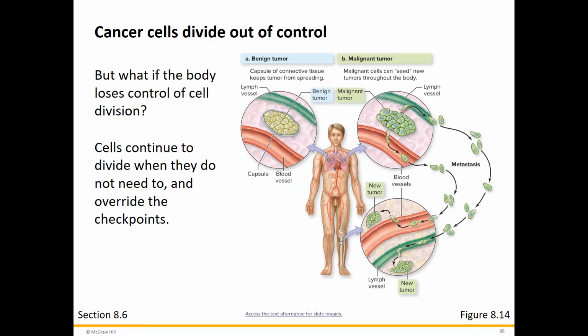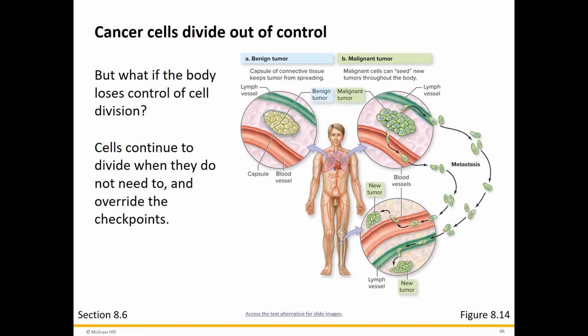But indeed, what if the body loses control? So we know everything's fine, you're healthy and all when we don't lose control, but what happens when we do? So the cell itself will just continue to divide. And they don't need to. Remember, cells get so big, their surface area to volume ratio is important to be able to move material in and out of the cell.